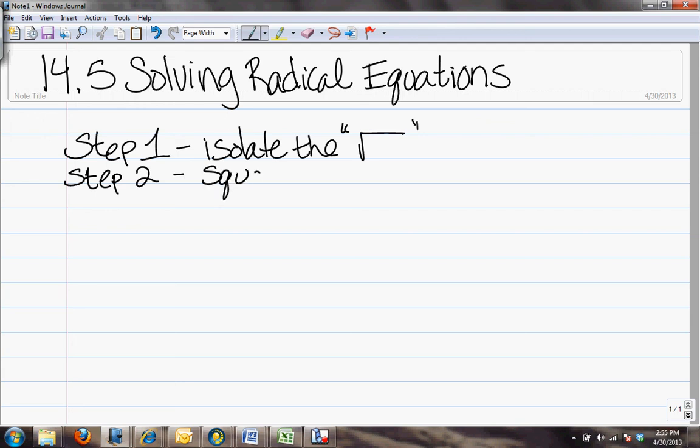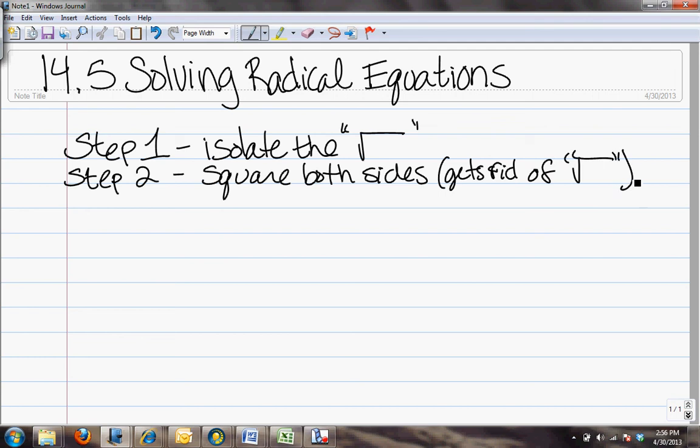Step two, you're going to square both sides, and that gets rid of the radical. Then step three, solve for x. So again, pause this if you didn't get a chance to write that down, and then when you're ready, come back with us.